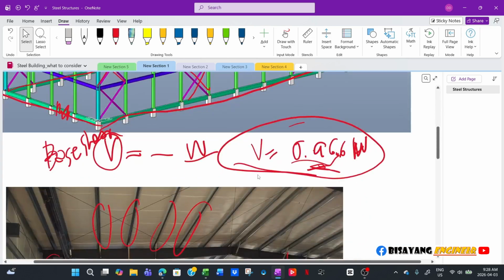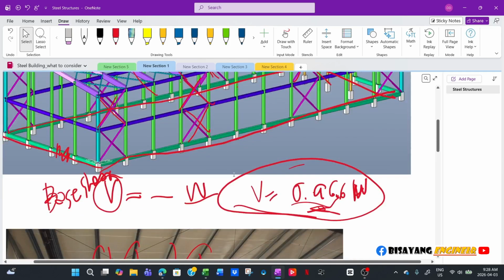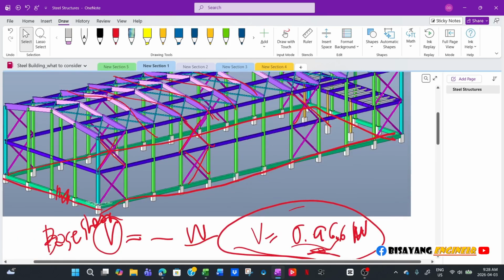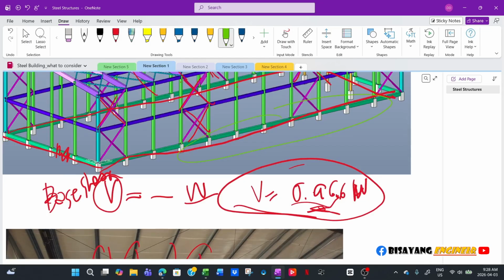I don't know what other engineers will do, but based on my experience, this is what I've observed from other engineers as well. One last thing to consider is the foundation.